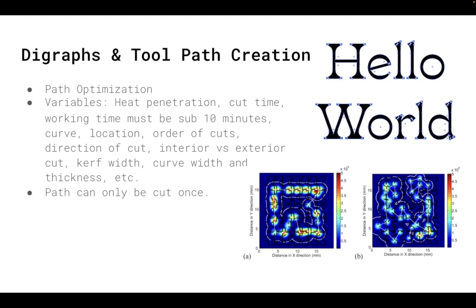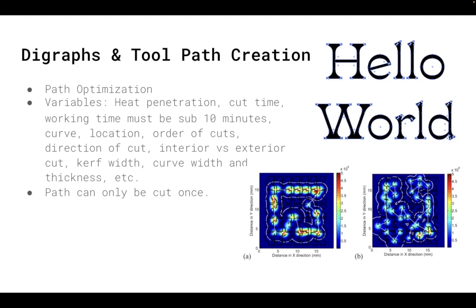So for all of these paths, nodes can only be cut through once with the plasma cutter, and same with the edges, they can only be cut through once. The paths are usually generated in a way that follows Euclidean and Hamiltonian cycles. And you can see two examples here, specifically in relationship to heat penetration.